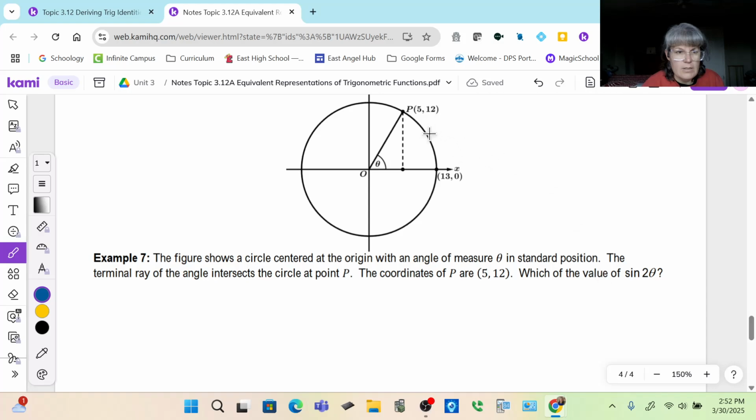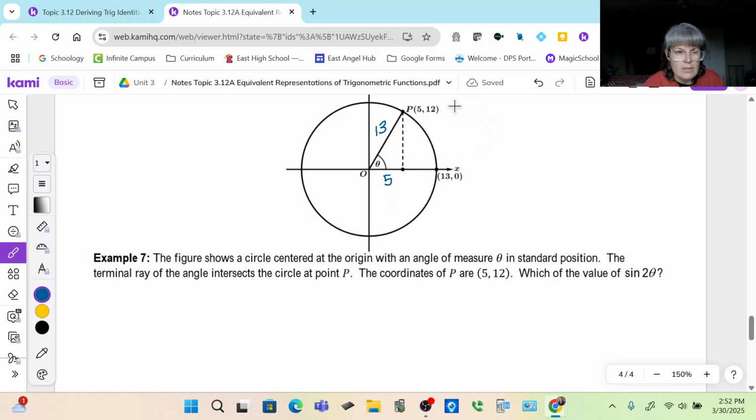So if I want to write my ordered pair in terms of sine and cosine, my radius I know is 13. So cosine of this angle, the horizontal displacement from the y-axis is 5.